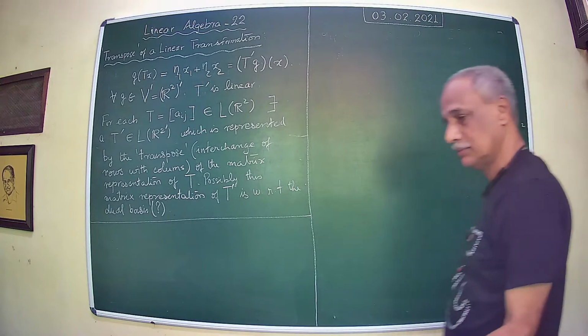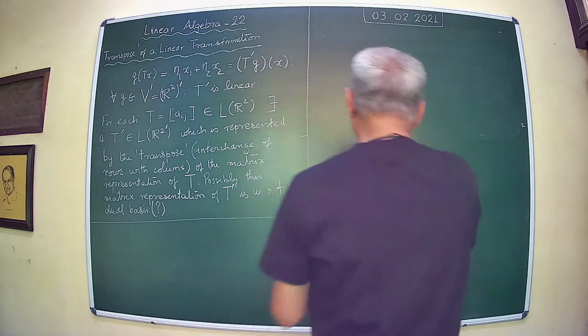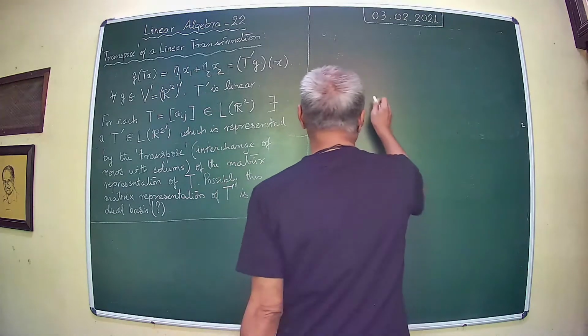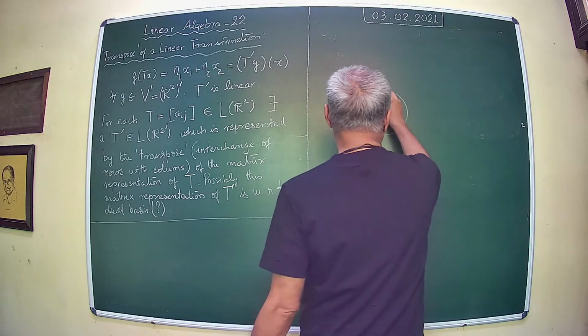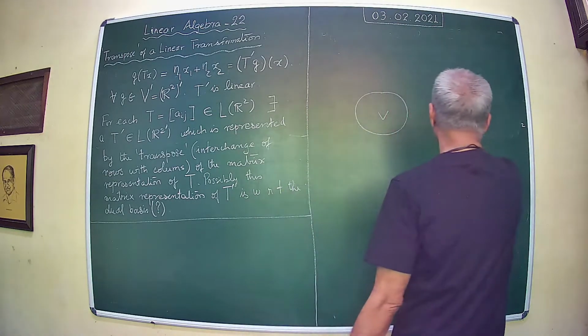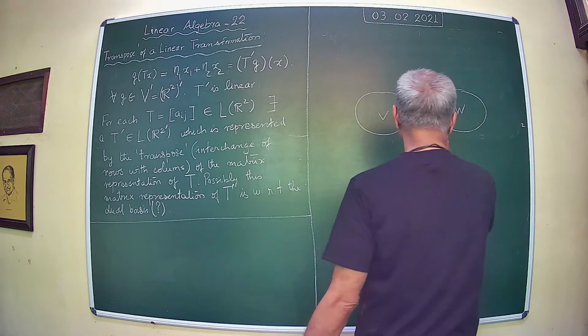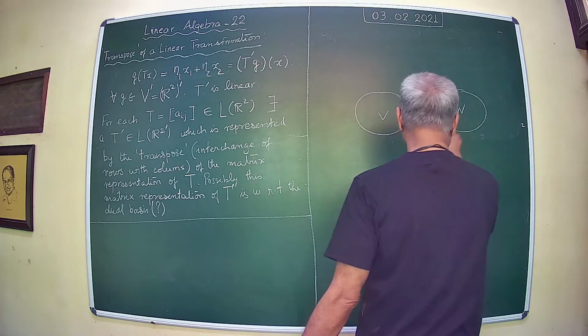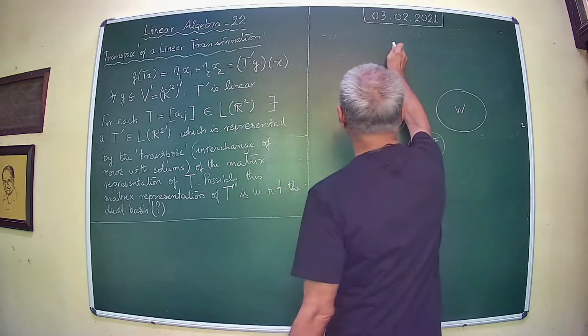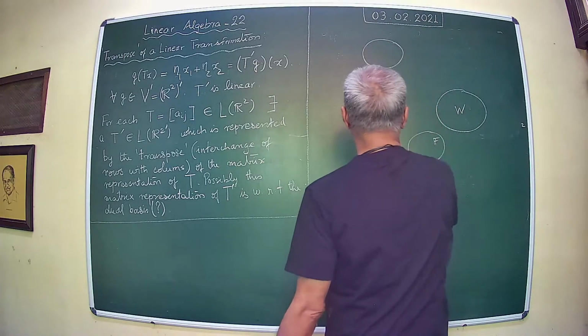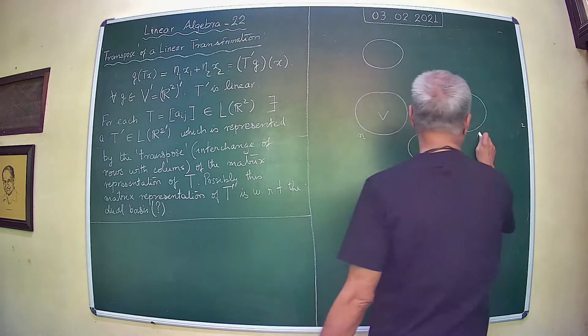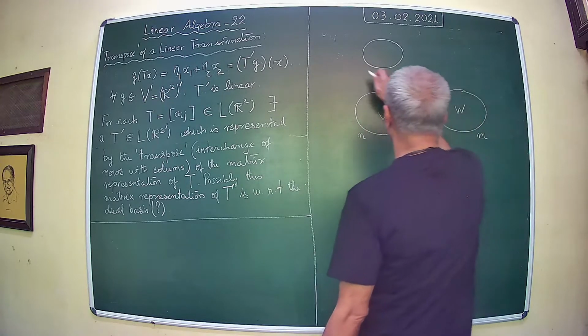Okay. So we have now the general scenario that I have described. We have V, we have W, we have F here, this is n dimensional, this is n dimensional, that's what I have.